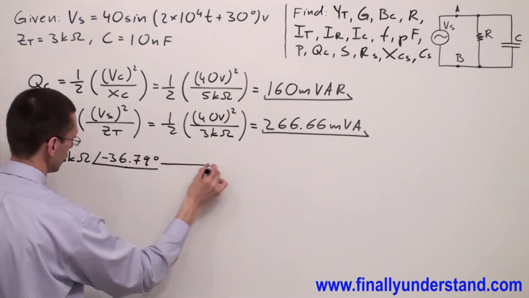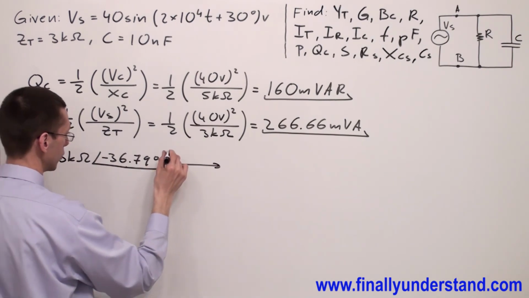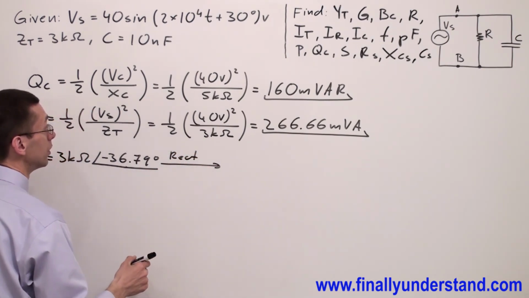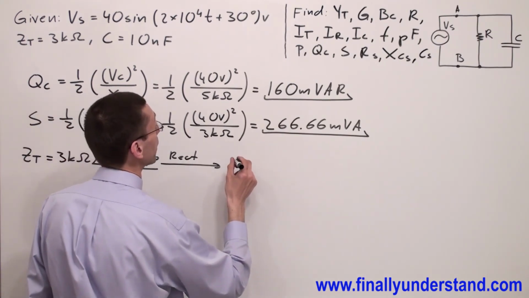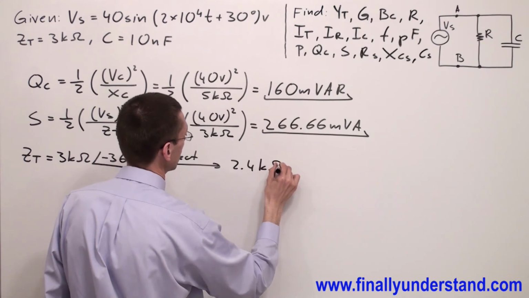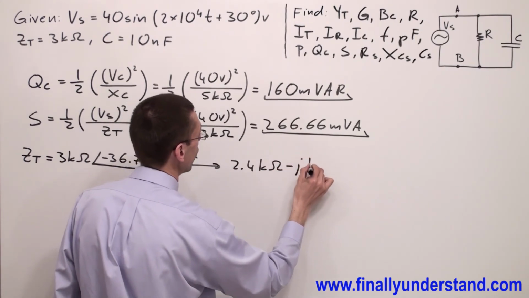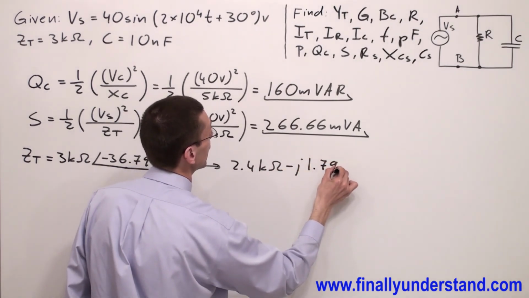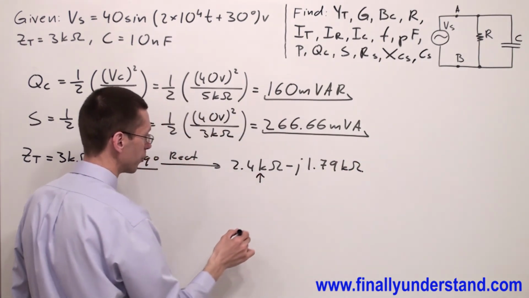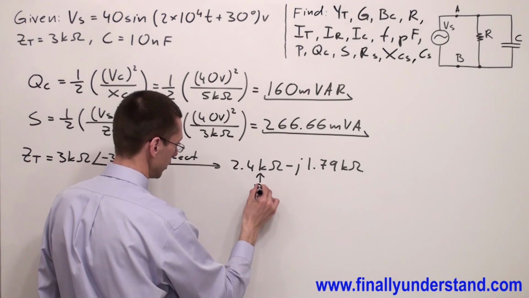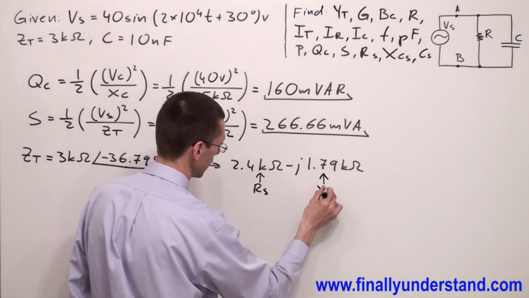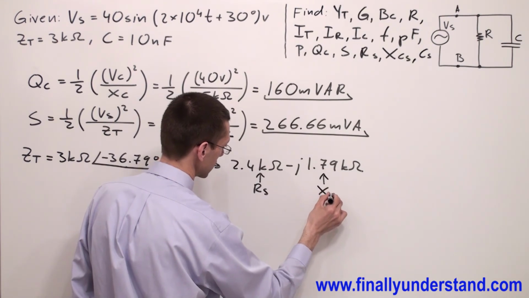You're supposed to convert polar form to rectangular form, and this is equal to 2.4 kiloohms minus j 1.79 kiloohms, where the real part is my resistance Rs and my imaginary part is my capacitive reactance X of Cs.